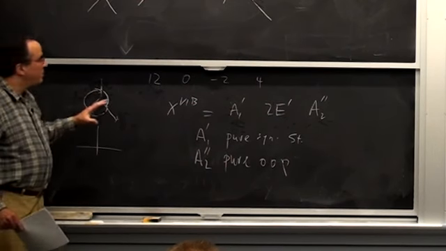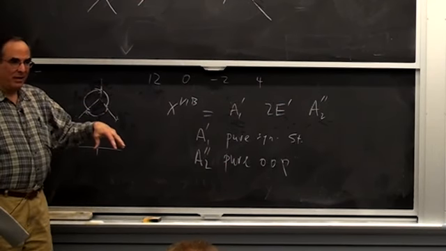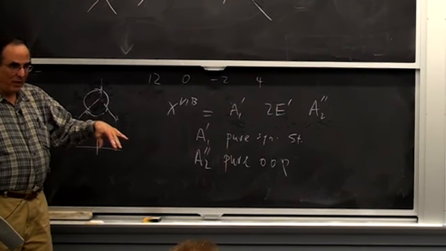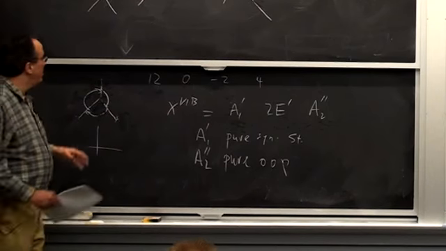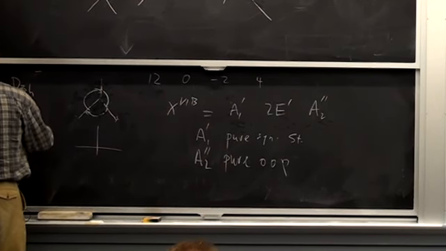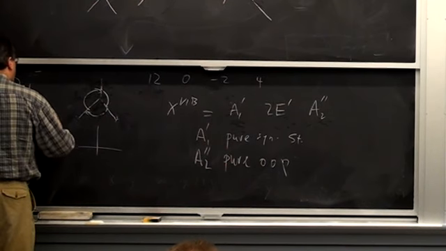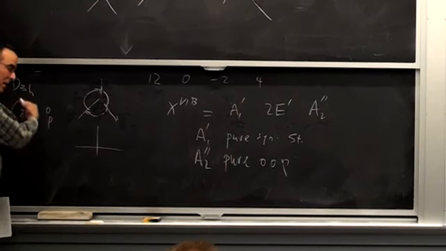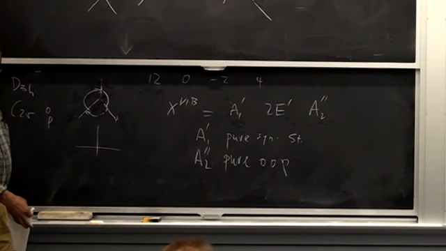If it's distorted from planar, it can be oblate or prolate. So we have D3h, and then we have C3v, oblate or prolate limits. And then there are lower symmetries still.